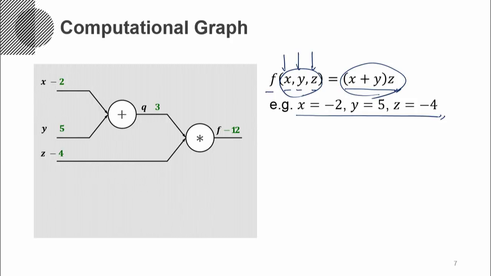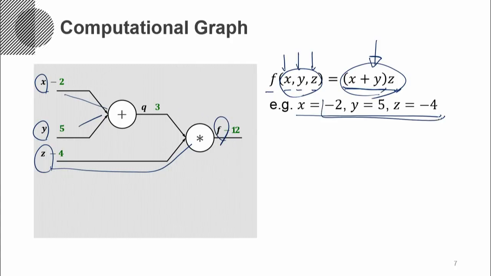And then this computational graph to represent our function can be constructed in this manner. So we have x and y, and then they are added first together. And then later on it is multiplied with another input variable z. And then this one will be our final output.